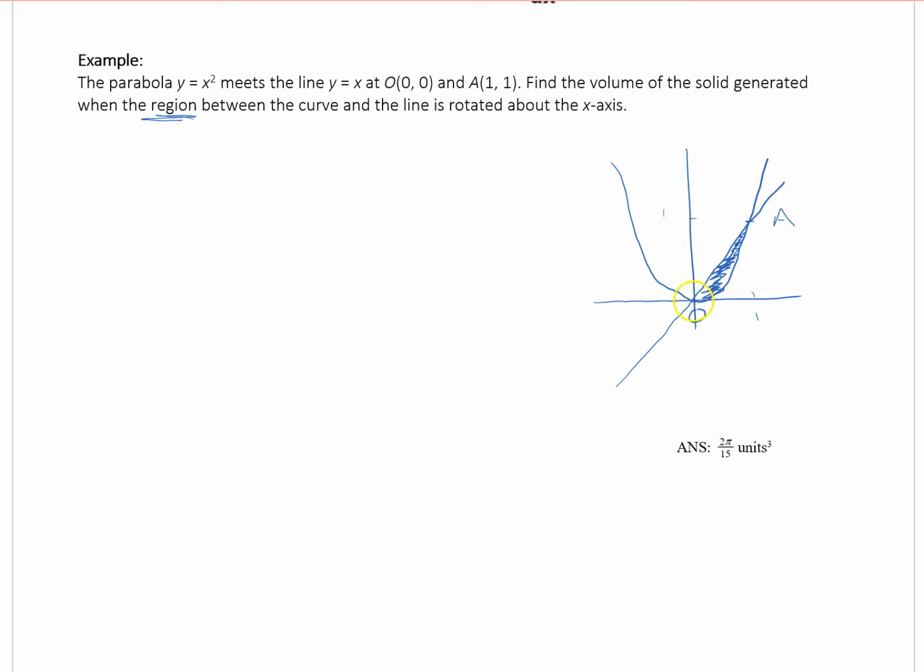So rotating it, we'd have a similar concept down here, and this thing is going to get rotated around the x-axis. So to find its volume, first off we want pi times the integral, and we're going around the x-axis and it intersects at 1, so it's from 0 to 1.